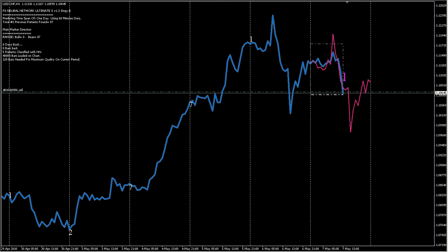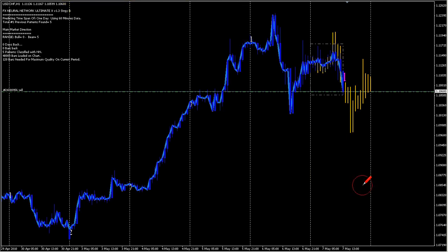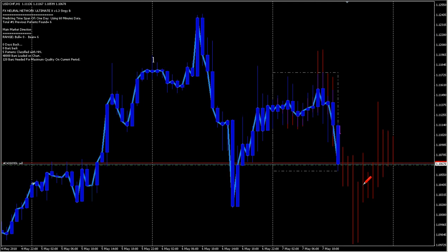So a way to also confirm a projection, or when you find a projection with the neural network, is to compare that with other tools, and it helps evaluate whether or not that projection is going to be true, either totally or partially, by consulting the different forces that manipulate how this particular pair, the USD Swiss, is going to move.